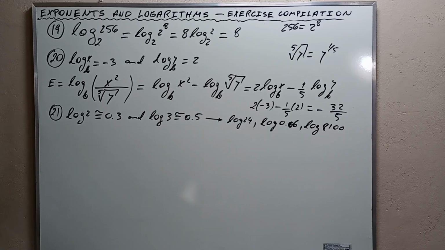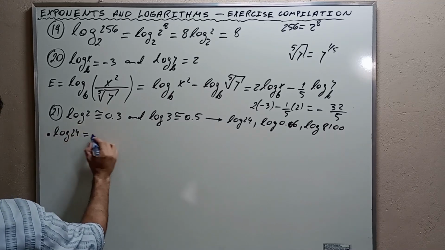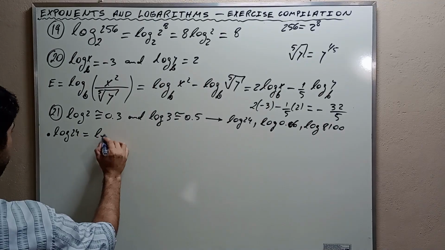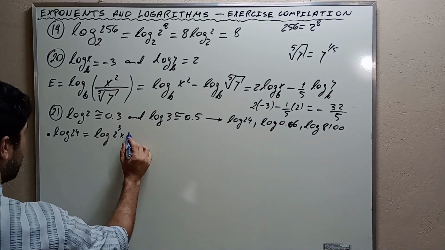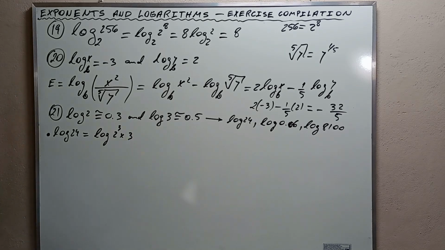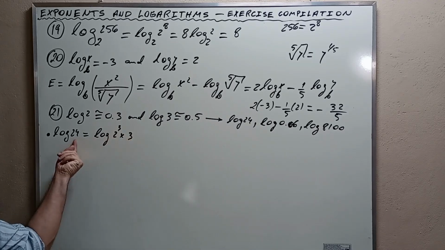Observe that 24 is 8 times 3. Okay? 24 is 8 times 3, but 8 is 2 cubed. Then the logarithm of 24 is equal to the logarithm of 2 cubed times 3.